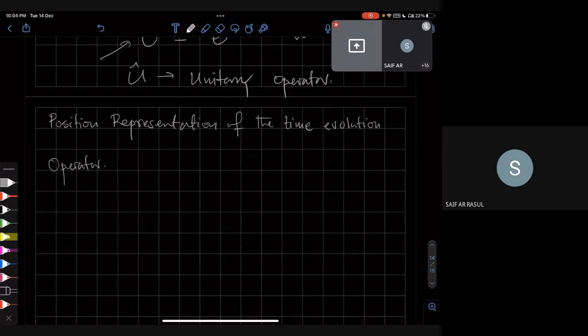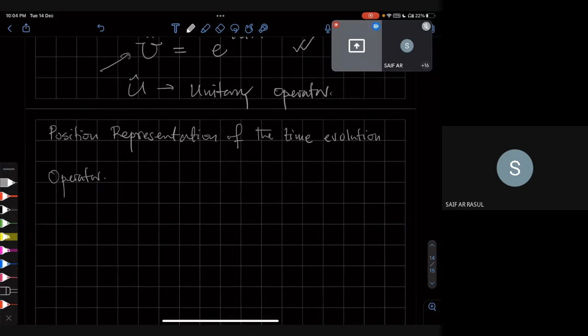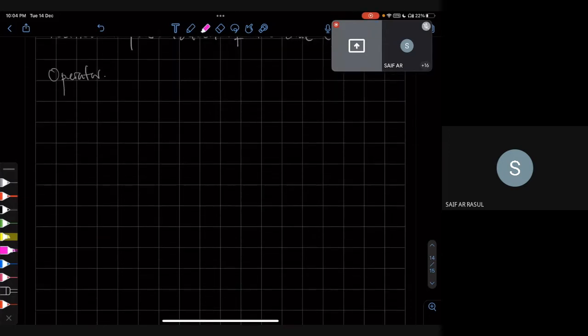Okay, so let me now give you a position representation of the time evolution operator. So in physics, we are interested in causality, right? That's what the time evolution operator is doing.